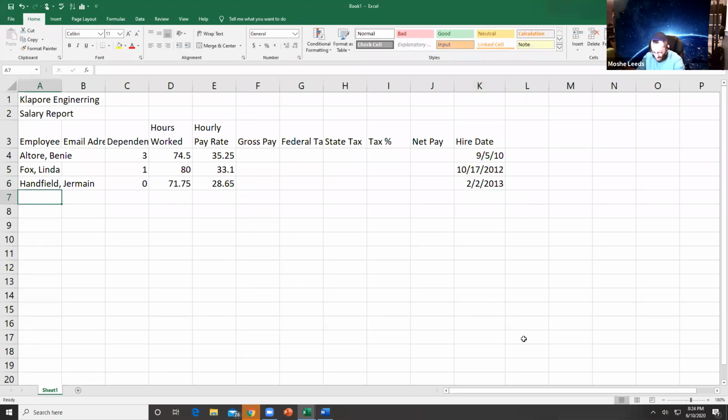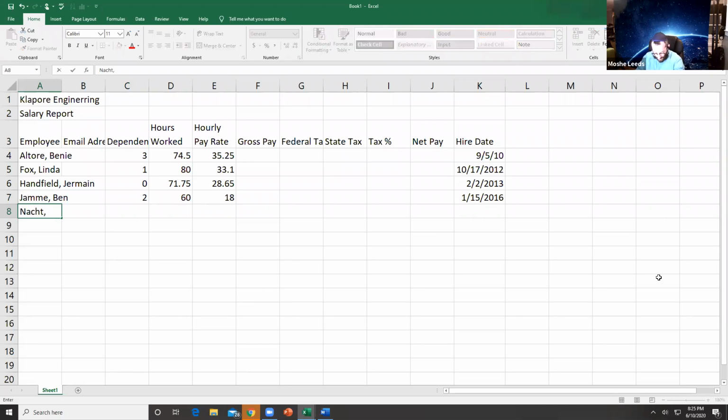Then we have Jamie Ben. I don't know if that's the right name. He's got 2 dependents. He works 60 hours and he gets paid $18 an hour, and he was hired 1/15/16. Then we have Savannah Nacht.